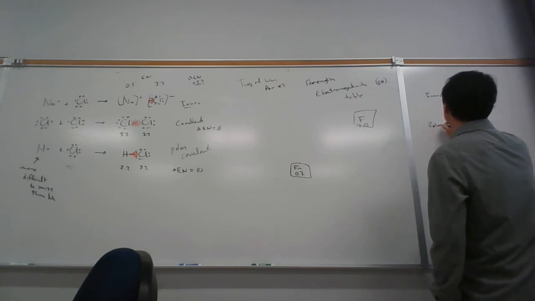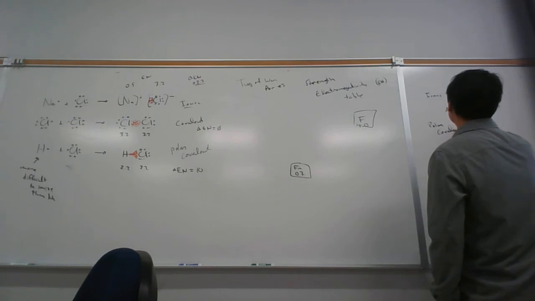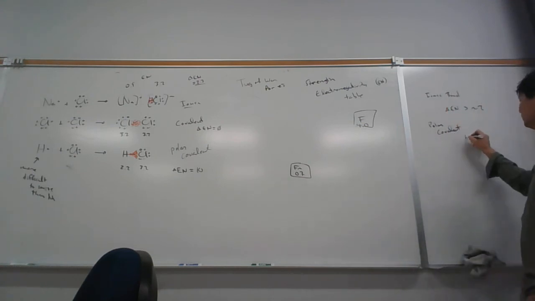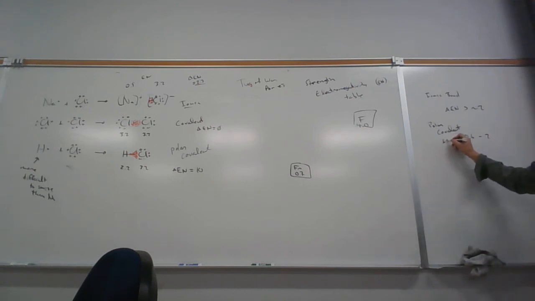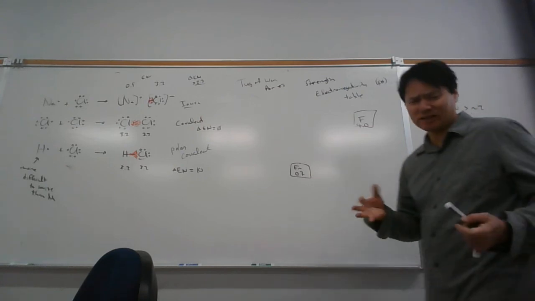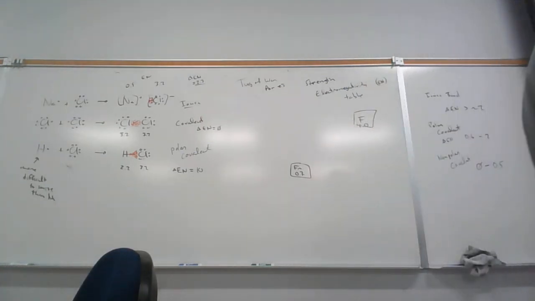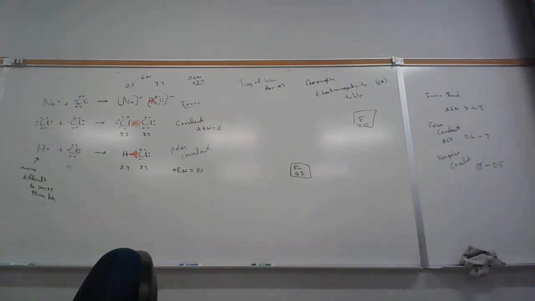Polar covalent ranges from a delta EN of about 0.6 to about 2. And what we call non-polar covalent is going to be from 0 to about 0.5 with a delta EN. And so it's fairly evenly mapped.